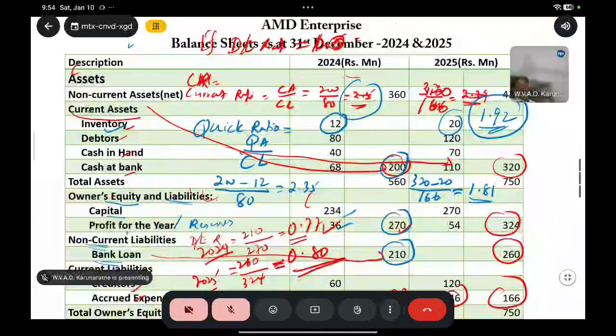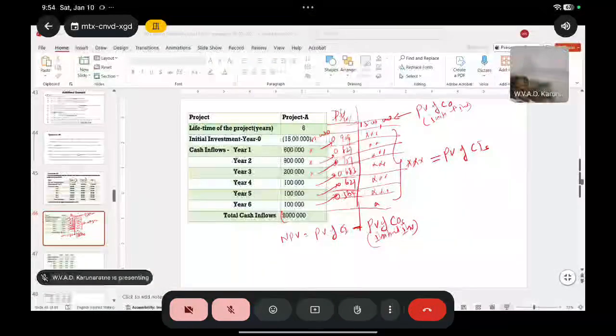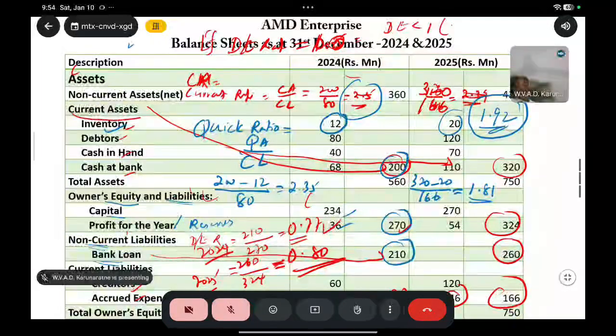Then if the debt equity ratio is less than 1, in this case equity capital is higher than the debt capital.